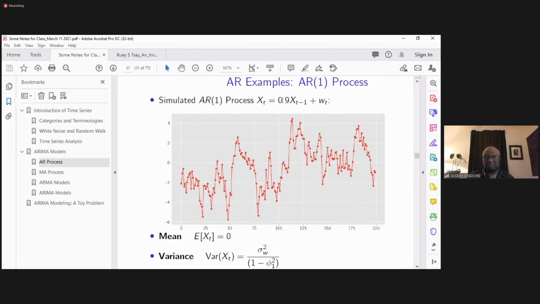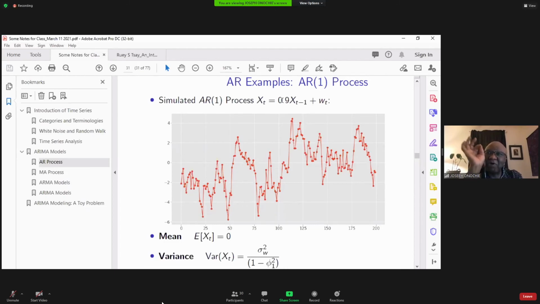Is the max coefficient 1 for this? No. It can be more than 1. It can be 1.5. If it's 1.5, oh my God, you don't want that to happen. It will blow up in your face. But if it's exactly 1, it's non-stationary, and we have a name for that process. It's a random walk. If the coefficient is 1.5, so xt is 1.5 times xt minus 1, it's a non-stationary process, but we cannot call it a random walk.